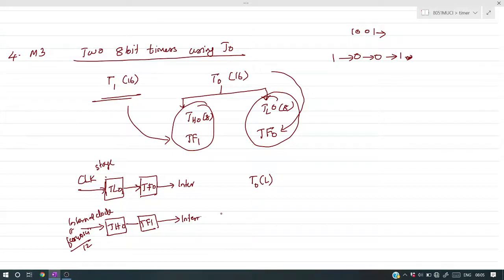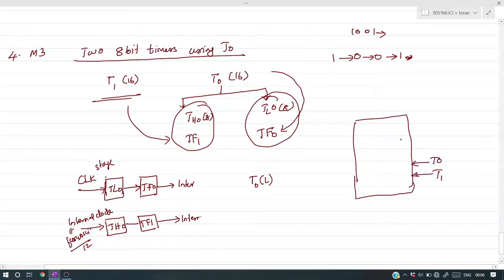If we are using internal clocks, these timers work as timers, that is, TL0, TH0 and T1 work as timers just for creating delay. In this diagram, the 8051 has two external pins, T0 and T1, through which we can give an external clock. T1 is the external clock input to timer 1, and this is the clock input to T0.